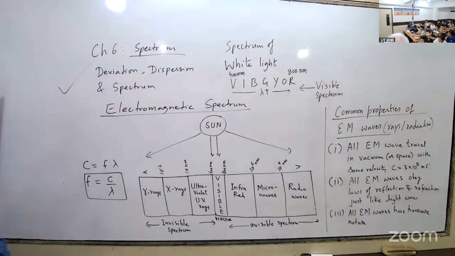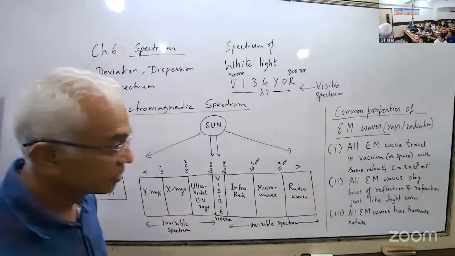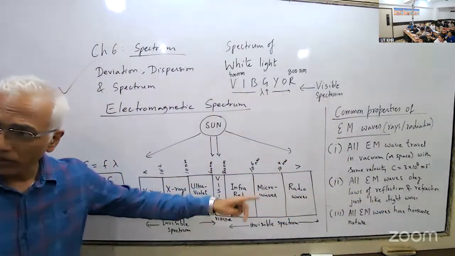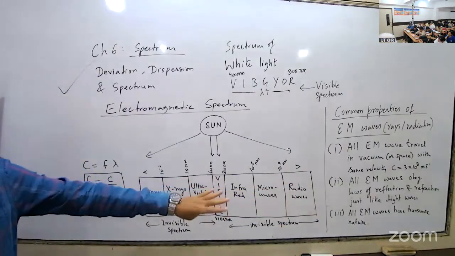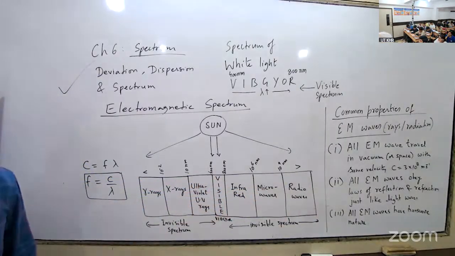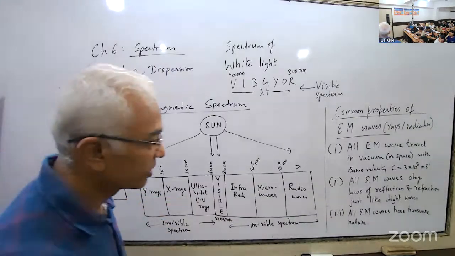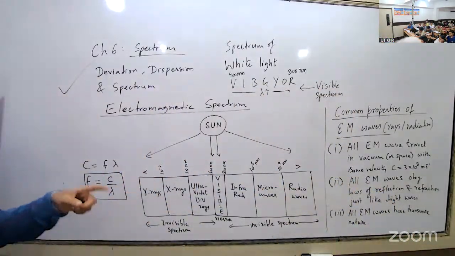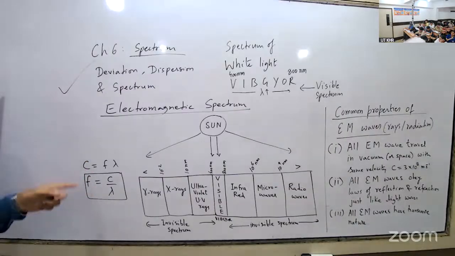All EM waves have transverse nature due to electric and magnetic fields vibrating perpendicular to the direction of propagation, as I explained. But those details are not expected from you, just know that. If you write EM waves have transverse nature, it is understood that E and B are oscillating perpendicular to the direction of propagation of the wave. So have you written it down or can I erase it? Erase it?